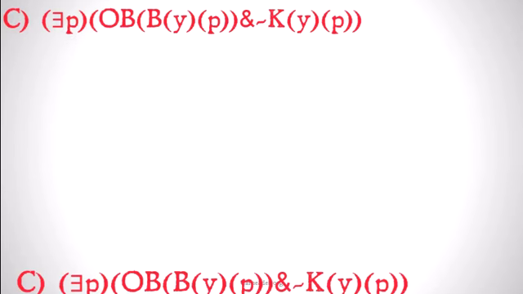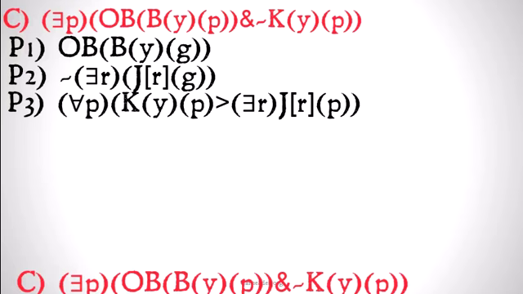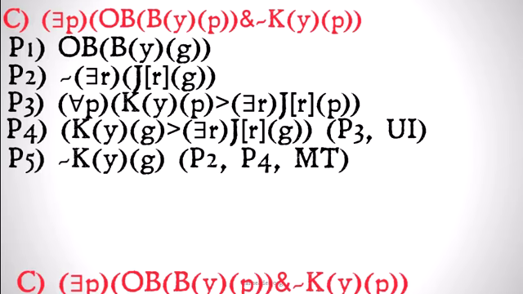So, we have, there exists some P such that it's obligatory that you believe that P, and it's not the case that you know that P. We'll start with our premises that were just given to us. Now, the first thing we're going to do is universally instantiate premise 3 for that P to be G, the statement that God exists, because that's the statement we're using in premises 1 and 2.